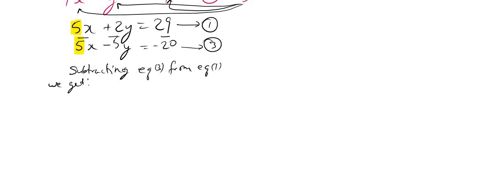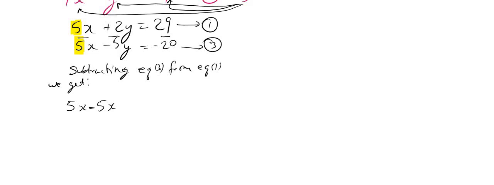So it's 5x minus 5x, which would be 0. Those will cancel. Let us write it down just to make sure that we understand what we're doing. Next time you can always just do that in your head. So 5x minus 5x, that's subtracting the x terms.